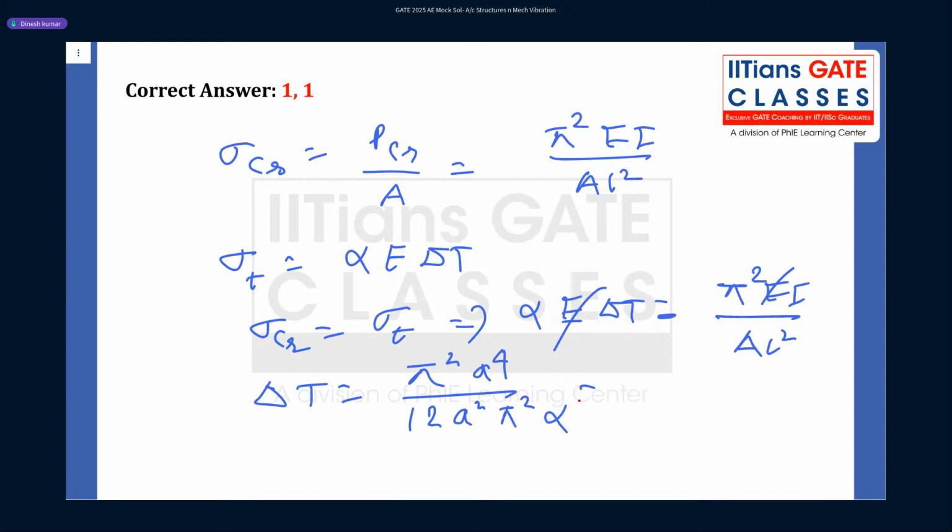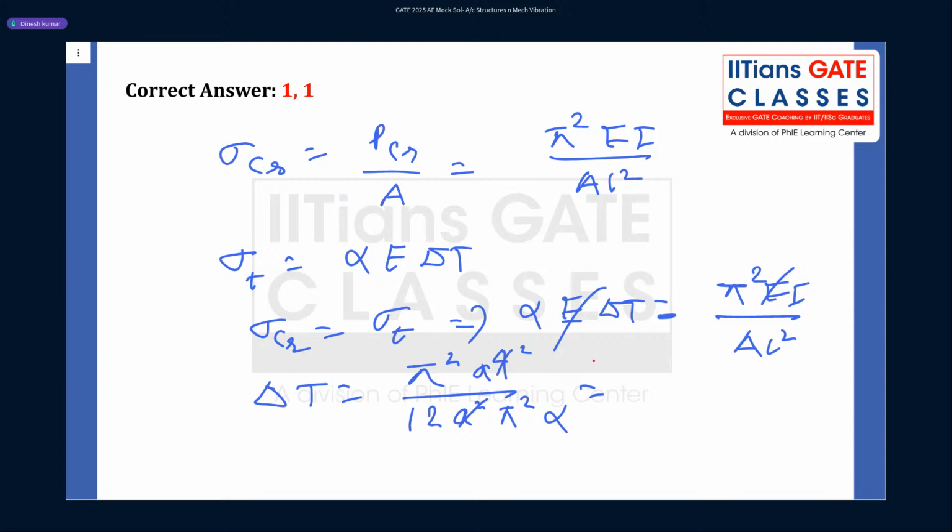Then alpha. So from here, guys, we have to convert all the units to SI units. A is in mm, so we need to convert to meters, because length is in meters. So when you convert, A square will get cancelled.